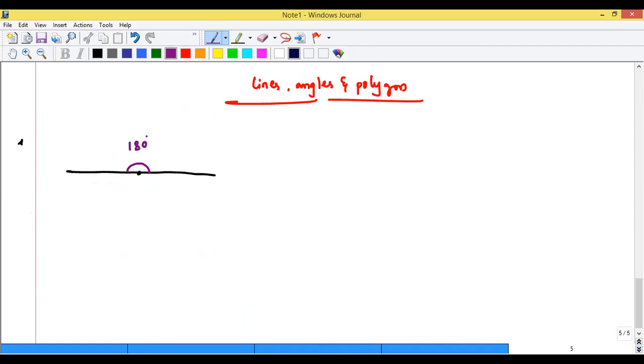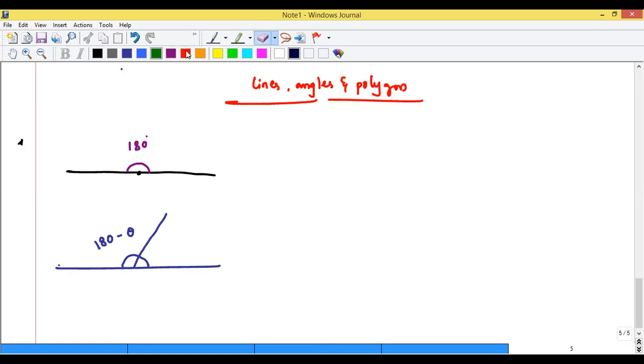Understood? See here. Take a line. It's 180 degrees of angle. I'll take a part of the angle as A. Can you tell me what is the rest of the angle? The rest of the angle is 180 minus A, or if it is theta, I'll take it as 180 minus theta.